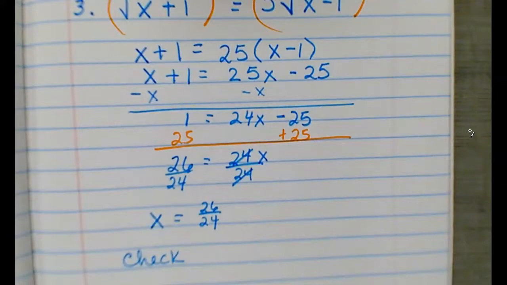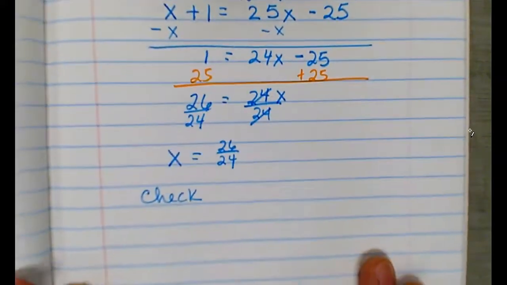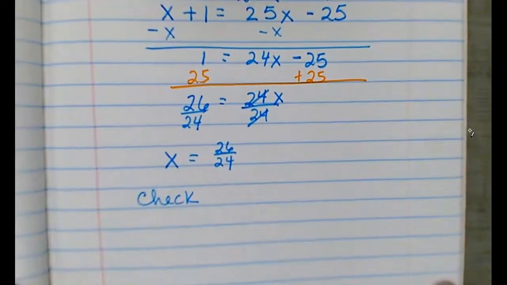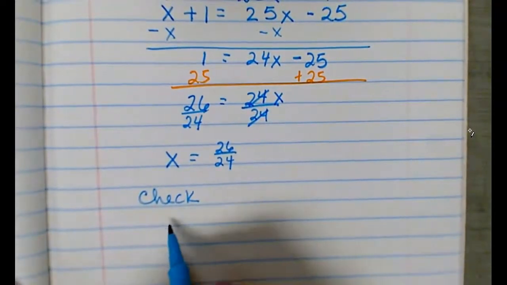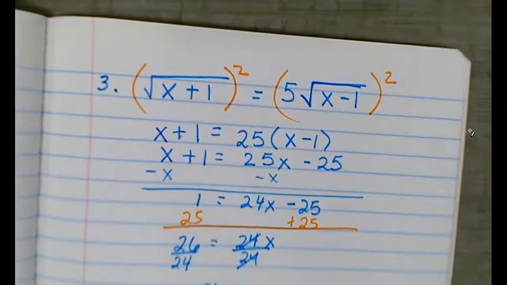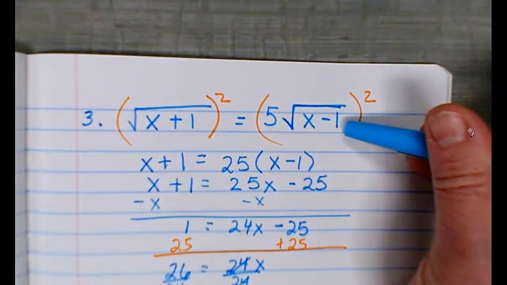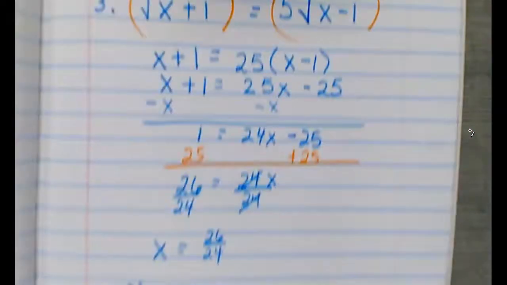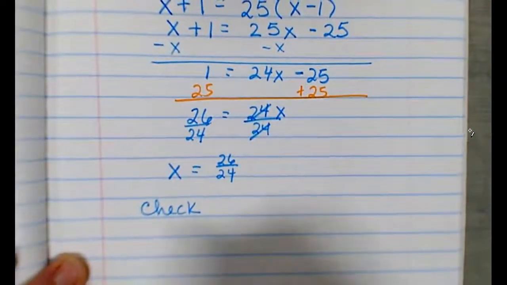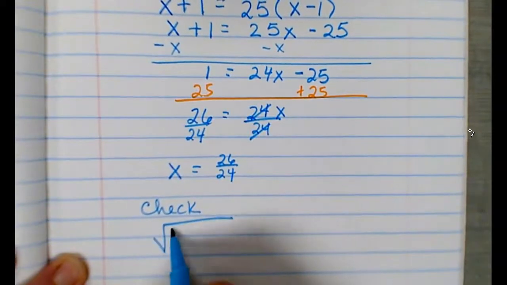And so if we check for extraneous solutions, how do we check for extraneous solutions? We plug it back into the original equation, but we have to plug in a fraction. And so the fraction has a denominator of what? 24. So I'm going to plug in 26 over 24.